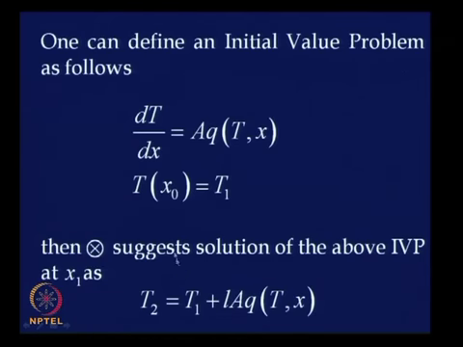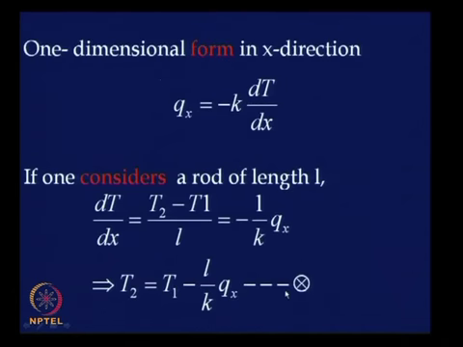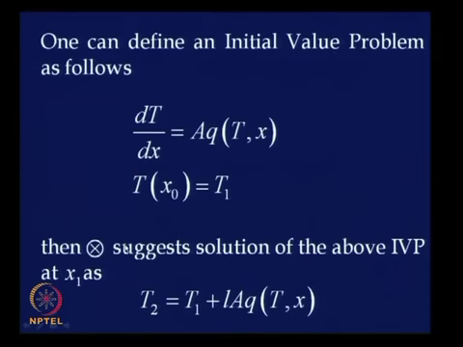So, if we define an initial value problem like this, then this star exactly suggests a solution: T2 is T1 plus something. What is this T1? It is the temperature at a known x naught. Correspondingly, T2 at some other x is given by this.